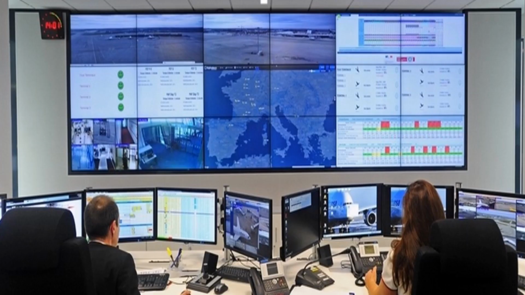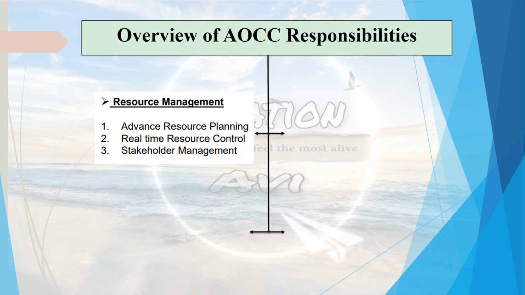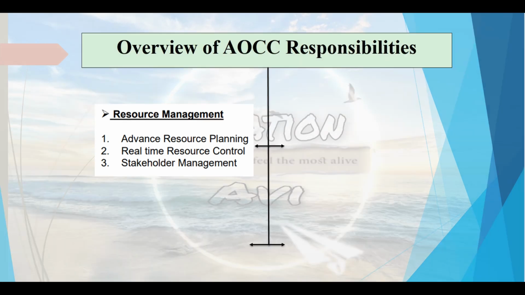Now that we have understood the roles and responsibilities of AOCC, let us try to dig deep into how AOCC functions. So the first function of AOCC is resource management. It is this department that carries out advanced resource planning, and in most cases it is done prior to actual operations.